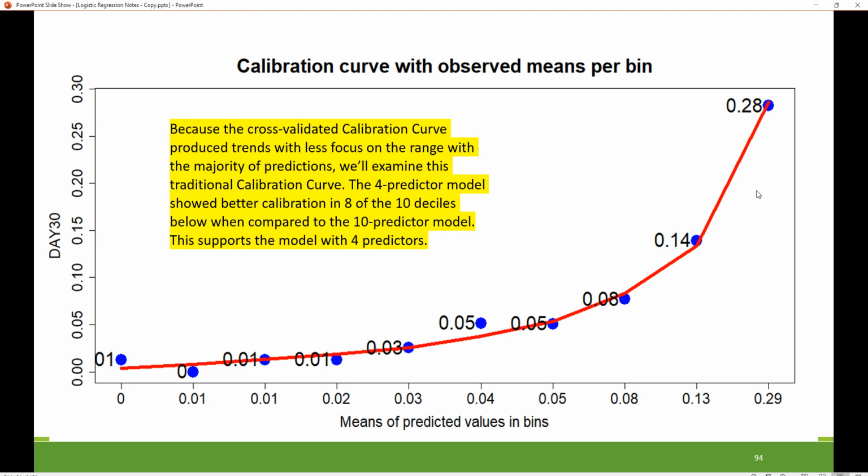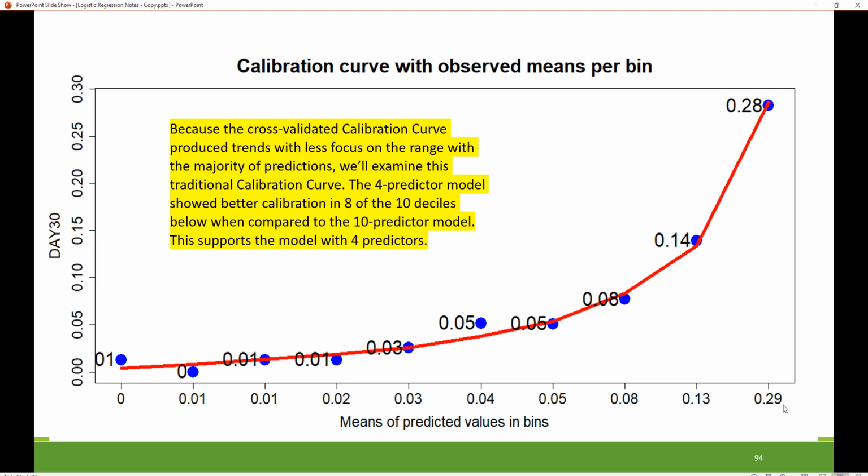For example, on the far right, we can see that for our top decile, if we were to line up all of the predicted values from lowest to highest, we would look at the 10% of the sample with the highest predicted probabilities.